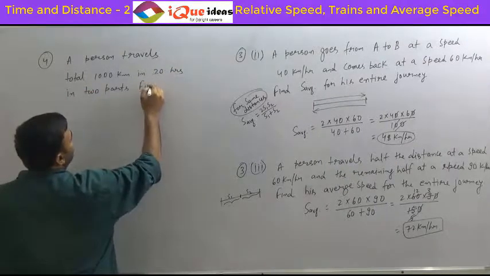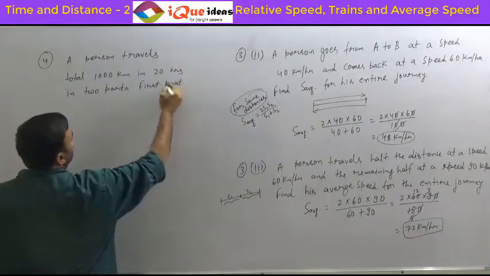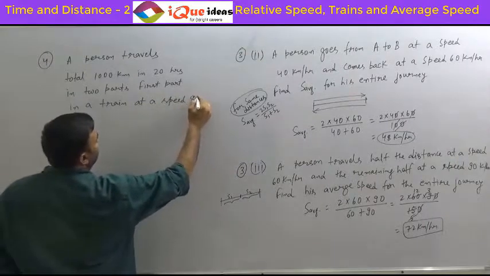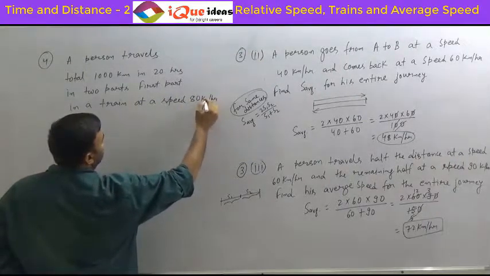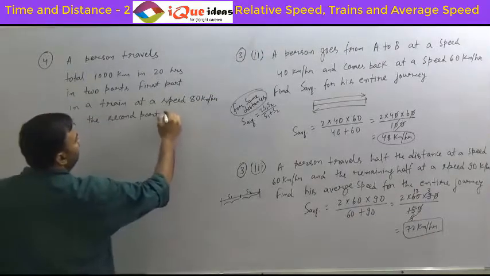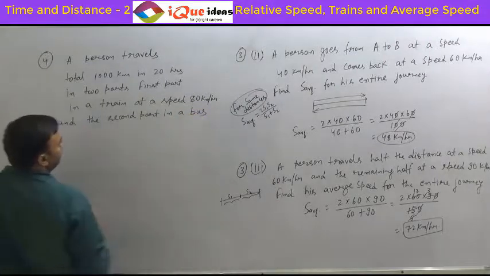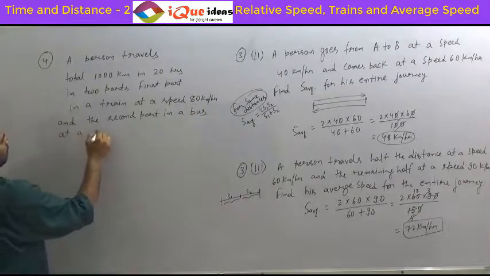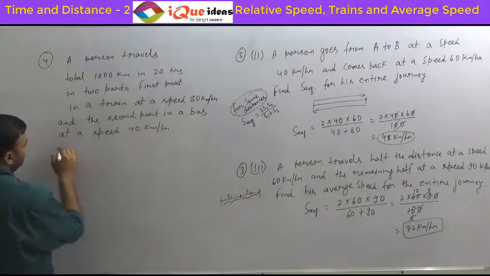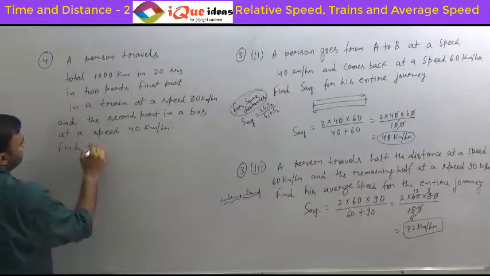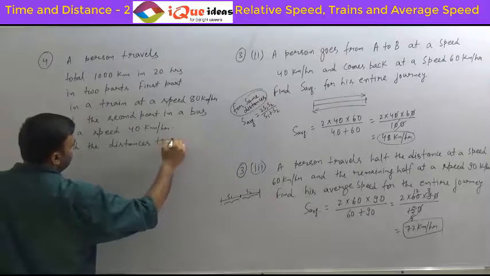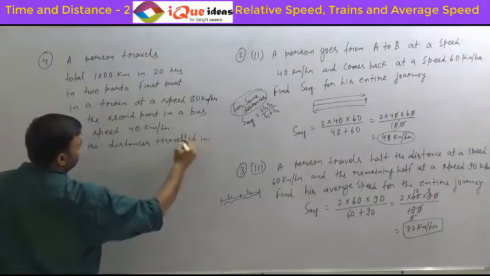First part in a train at a speed of 80 kilometers per hour, and the second part in a bus at a speed of 40 kilometers per hour. Question is, find the distances traveled in the two parts.